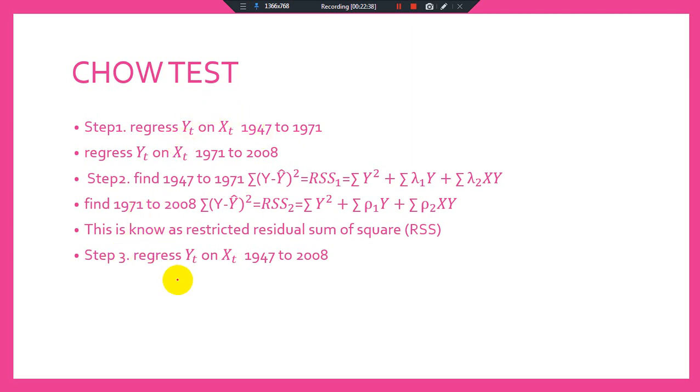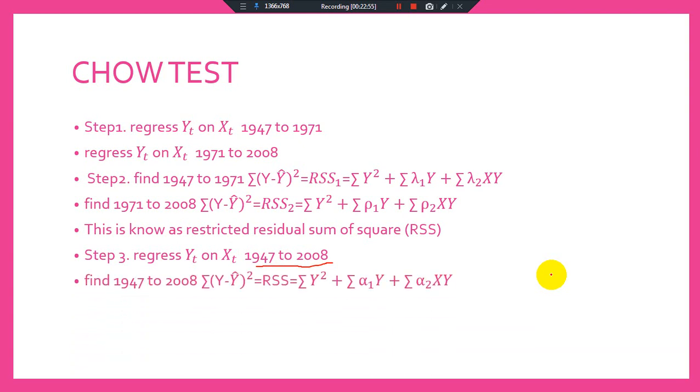Step 3: regress yt on xt using the full-range data from 1947 to 2008, and from this data you also find the residual sum of squares.